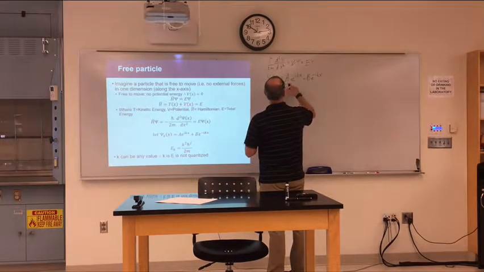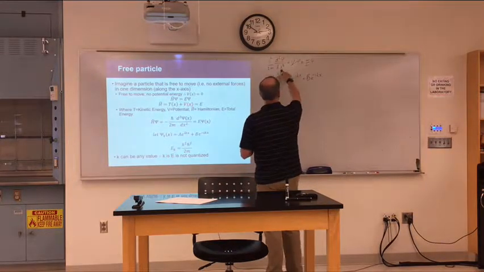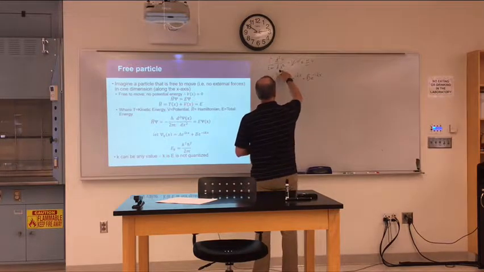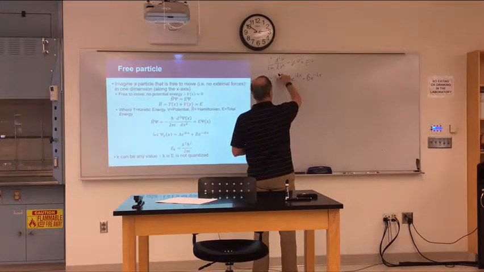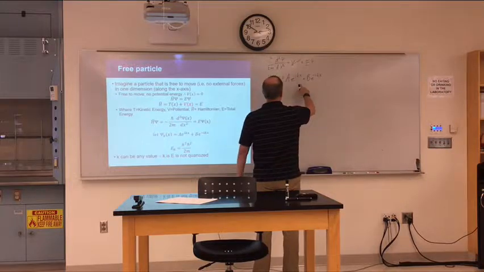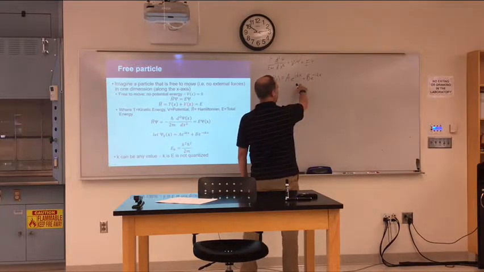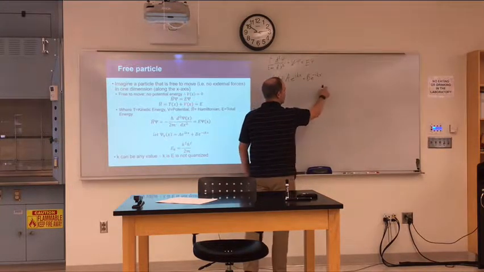So plugging this in for our equation here, to see what this ends up being equal to. So we're going to take the second derivative of this, and hopefully that should equal a constant times this.